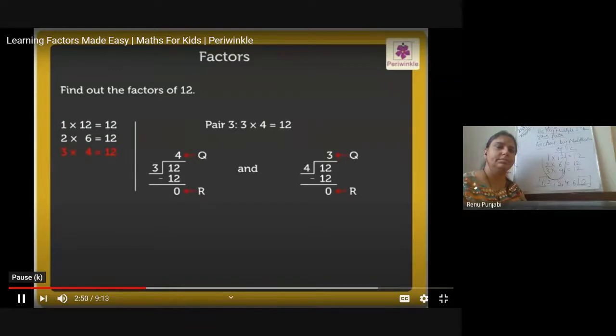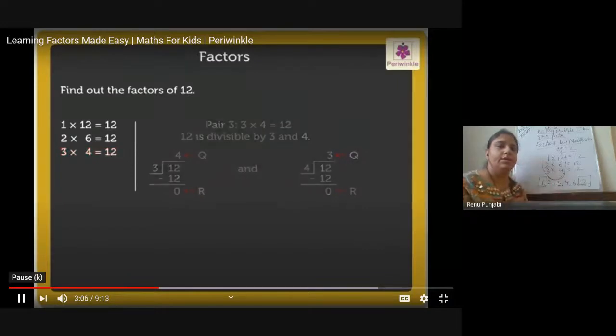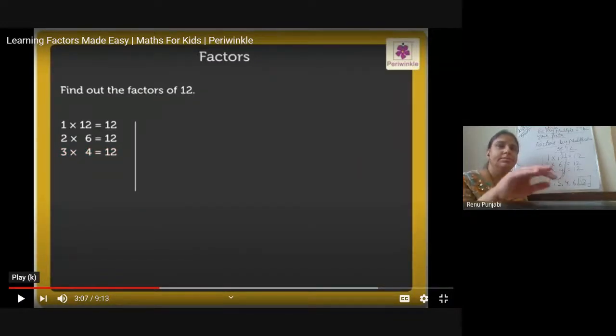Here also, we get the remainder as 0 in both the divisions. Thus, it means that 12 is divisible by 3 and 4. You understood till here, children? Yes, ma'am.